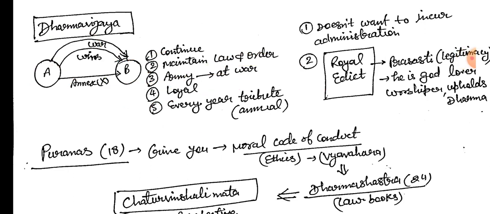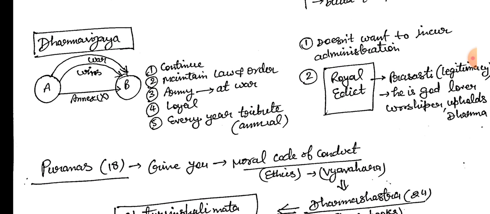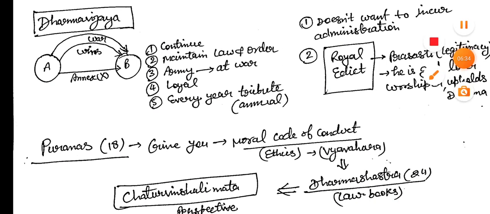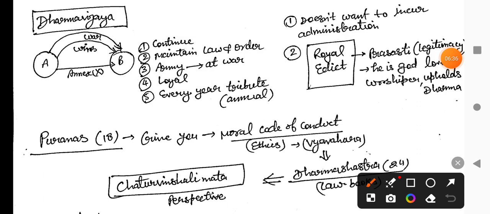So this is the simple meaning of Dharma Vijay: a king defeated in war will not violate his duty towards the winner king.